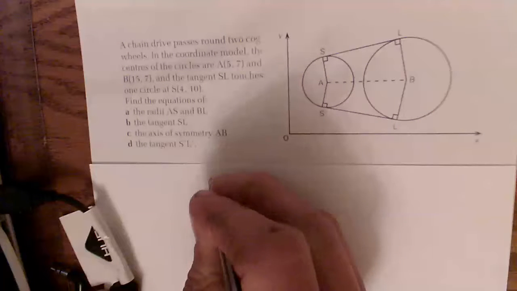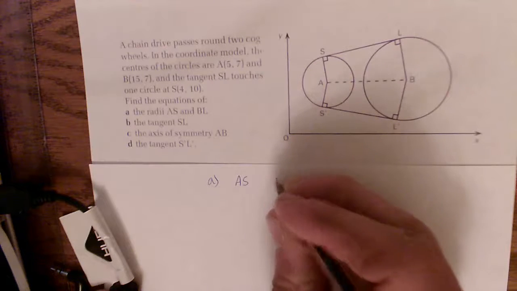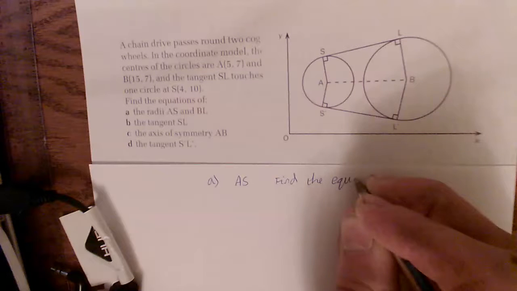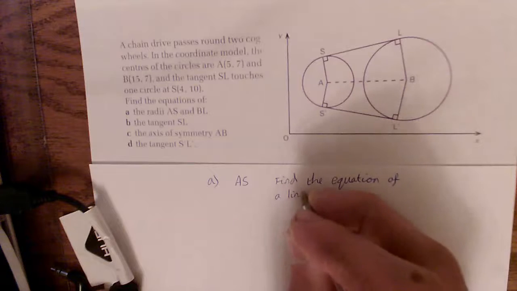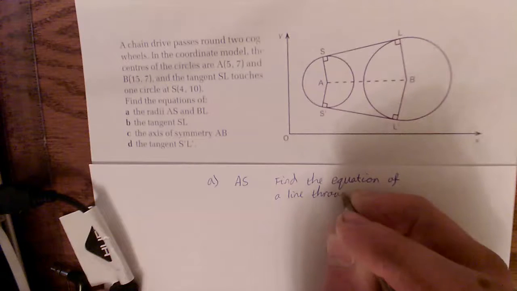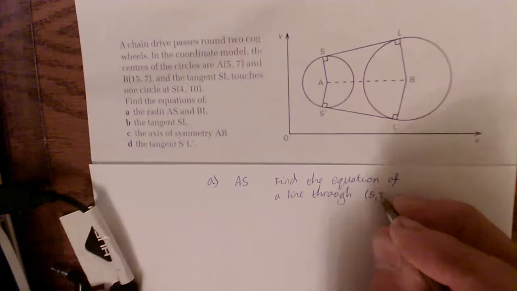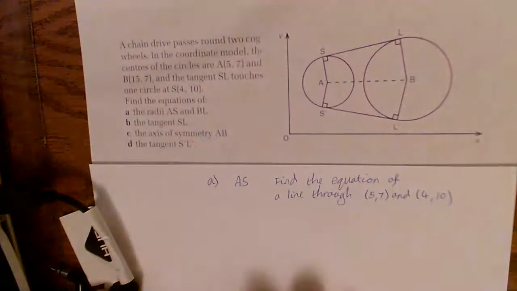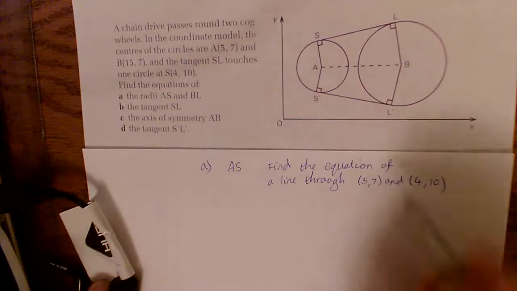So A, and if we're finding AS, we could rewrite that question as find the equation of a line through 5, 7 and 4, 10. So that is a question that you should now be fairly comfortable answering, having done this week's work and having worked through Nat 5 questions. That's something you could have met.